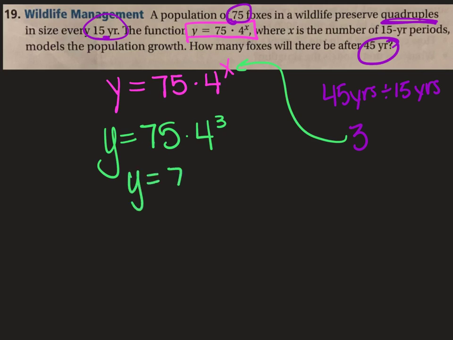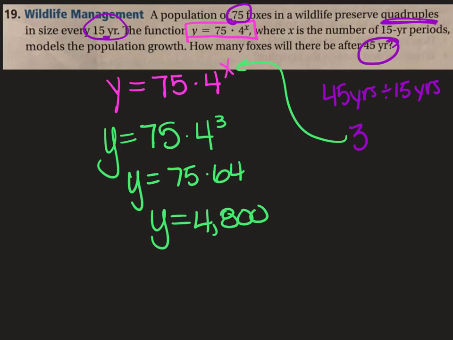So y equals 75 times 4 is 16 times 4. So I get 64 times 75. So I get y equals 4,800. So what does that 4,800 represent?